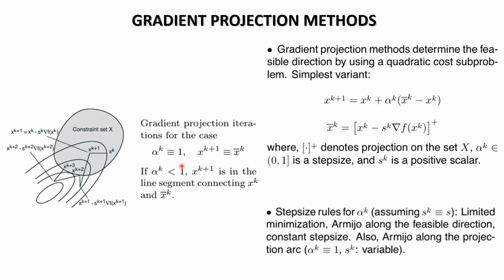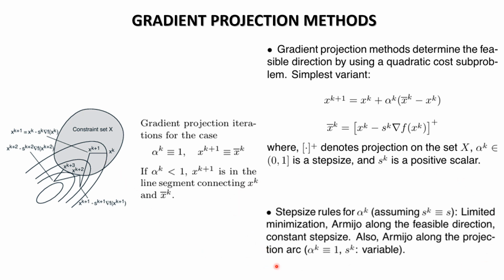For example, if alpha k is identically equal to 1, then xk plus 1 is identically equal to x bar k. And if alpha k is less than 1, then xk plus 1 is in the line segment connecting xk and x bar k. This helps stabilize the iterations and improve convergence near the boundary.